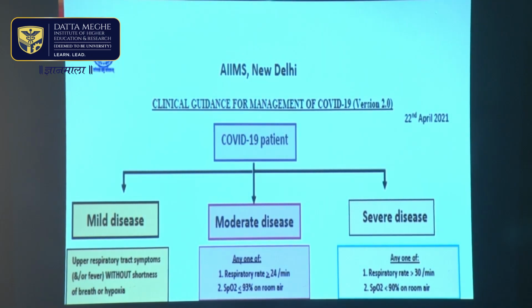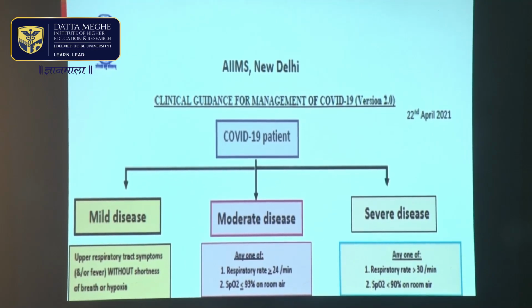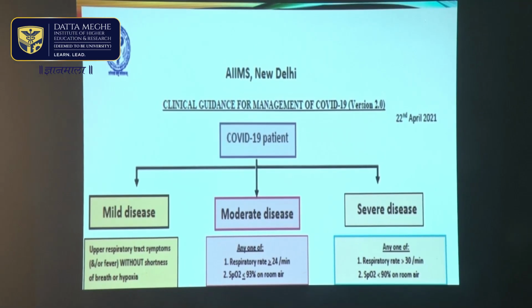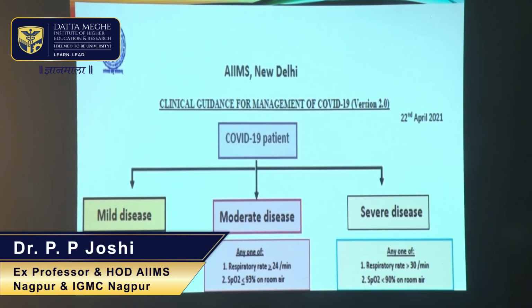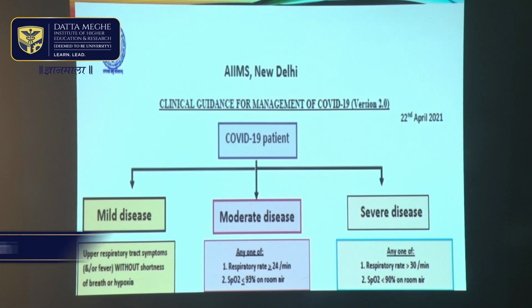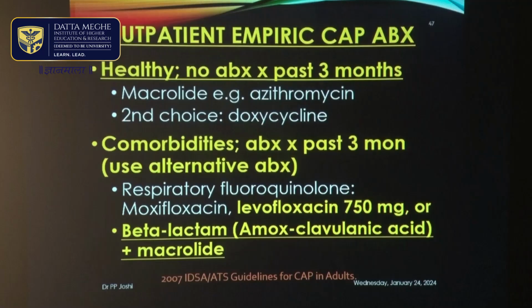Moderate disease is when the respiratory rate is between 24 to 30 and the SpO2 is between 93 to 90, whereas severe disease is when the respiratory rate is more than 30 and SpO2 is less than 90%. So based on normal respiratory rate, increase in respiratory rate and decrease in SpO2, we can classify patients into mild, moderate and severe disease in COVID, and the management would depend accordingly.